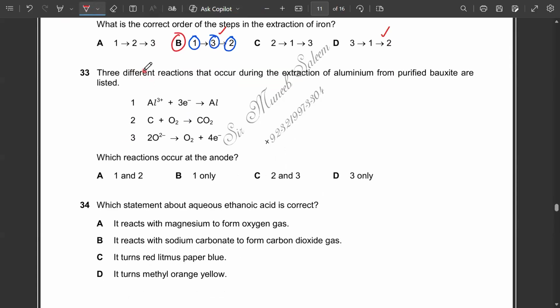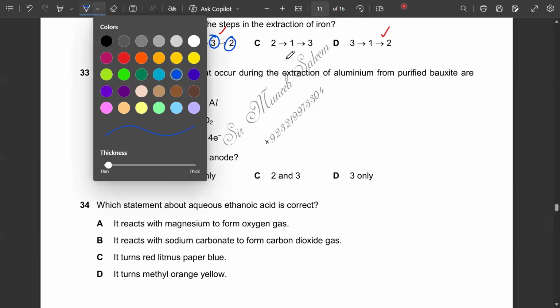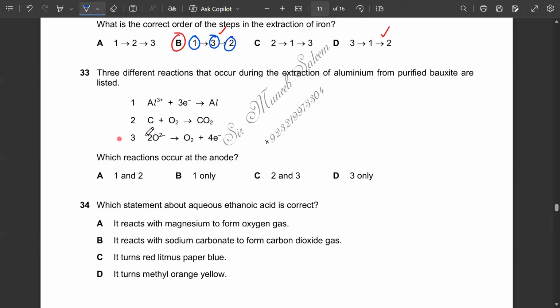Then question 33. Three different reactions that occur during the extraction of aluminium from purified bauxite are listed. Which reactions occur at the anode? So it is definitely not the first, because this is the reduction. The second and third both occur at the anode, because at the anode there is the oxidation of the oxide ion.